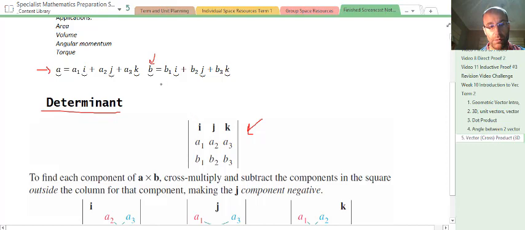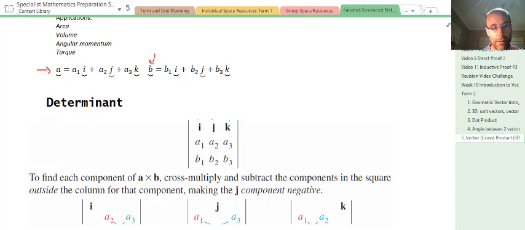So for two three-dimensional vectors, we need a 3 by 3 determinant. You always put i, j and k in the top row, and because they're in bold, that means they're vector quantities. You can also put tildes underneath instead if you want to.